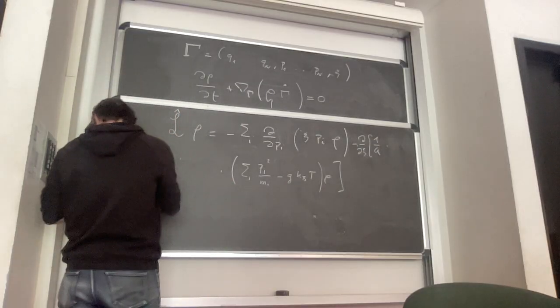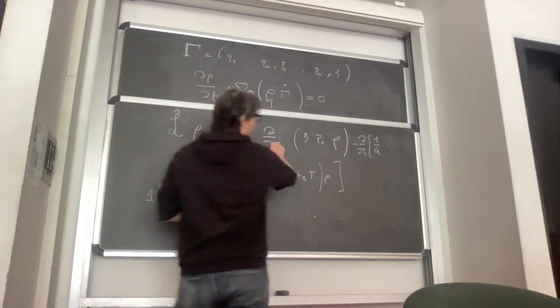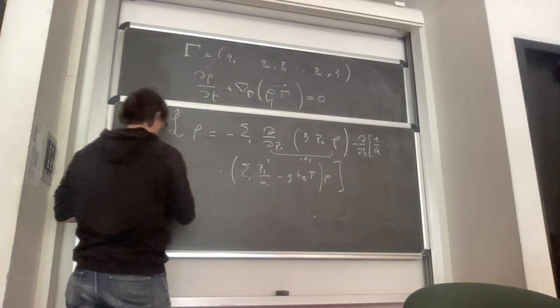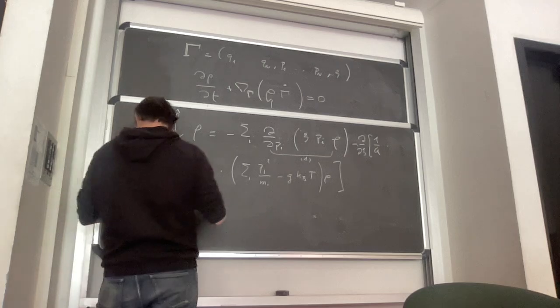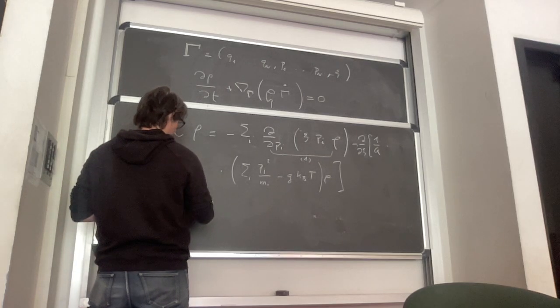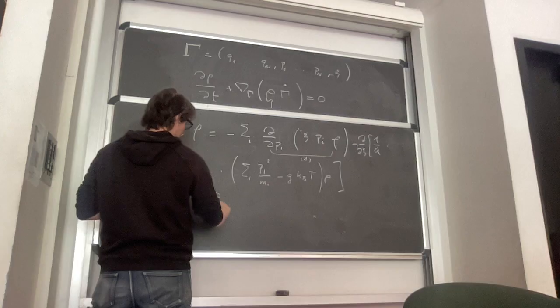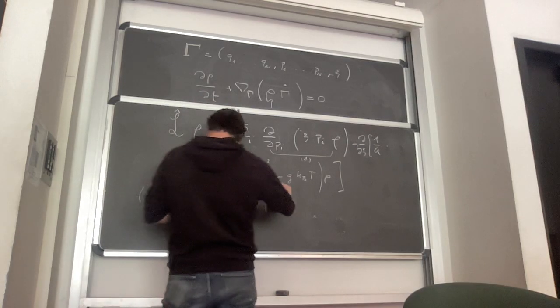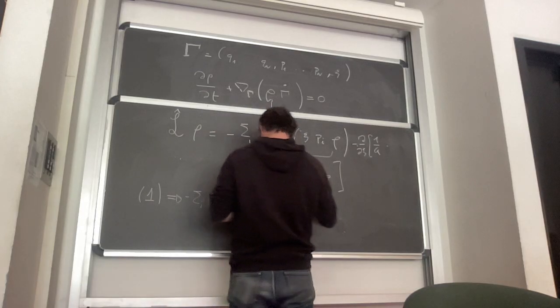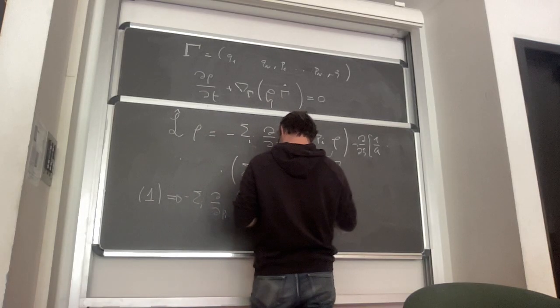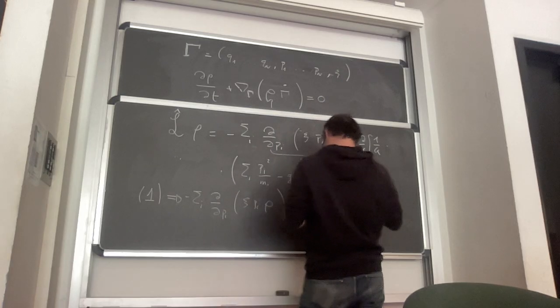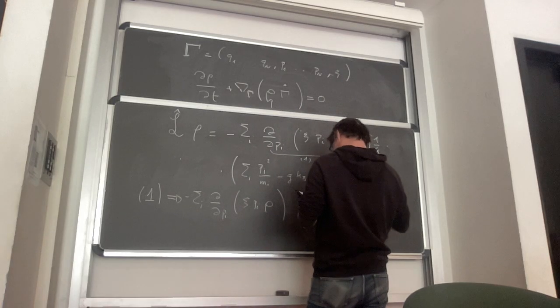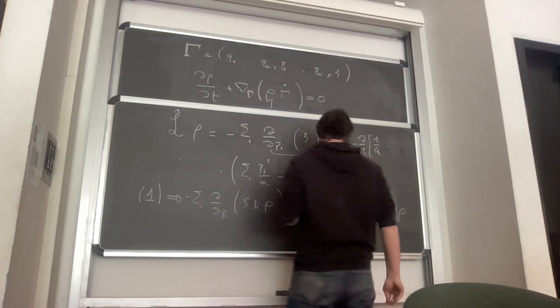Well, sketching the first term, 1 gives negative sum over i, d by d pi, psi pi rho, that is equal to negative psi sum over i, 3 plus beta pi squared over mi, rho.